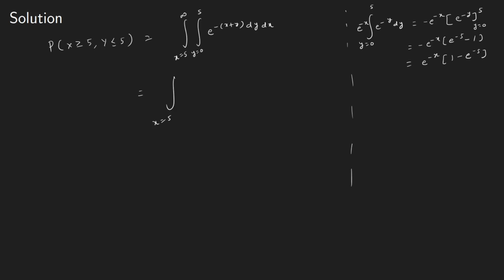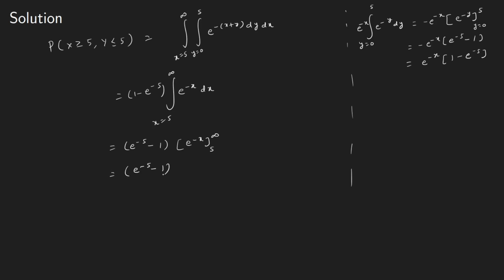So this is the integration that we can put here now. x goes from 5 to infinity. So we can write here 1 minus e raised to the power minus 5 and e to the minus x. So then again we will integrate. It will become minus e raised to the power minus x. So we can again invert it, e raised to the power minus 5 minus 1, e raised to the power minus x from 5 to infinity.